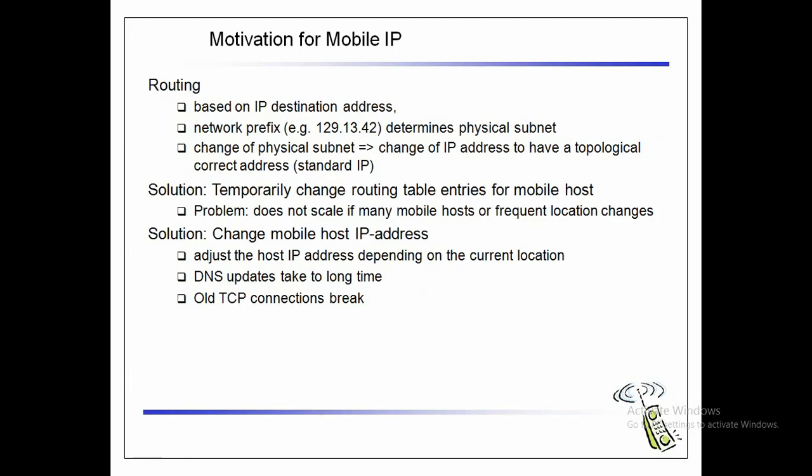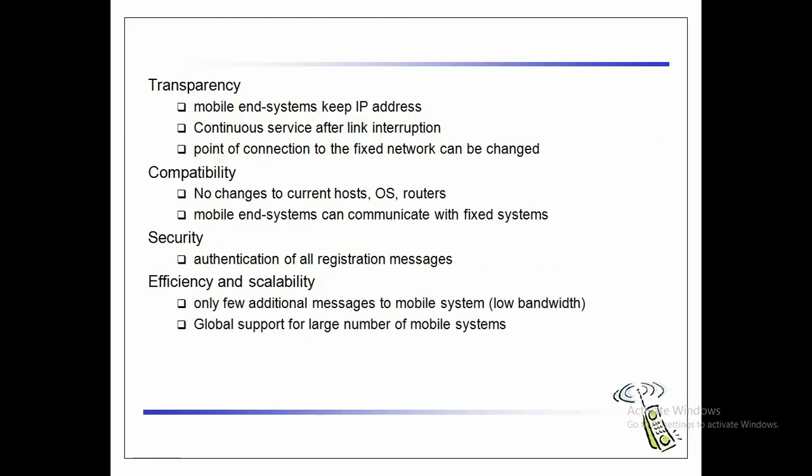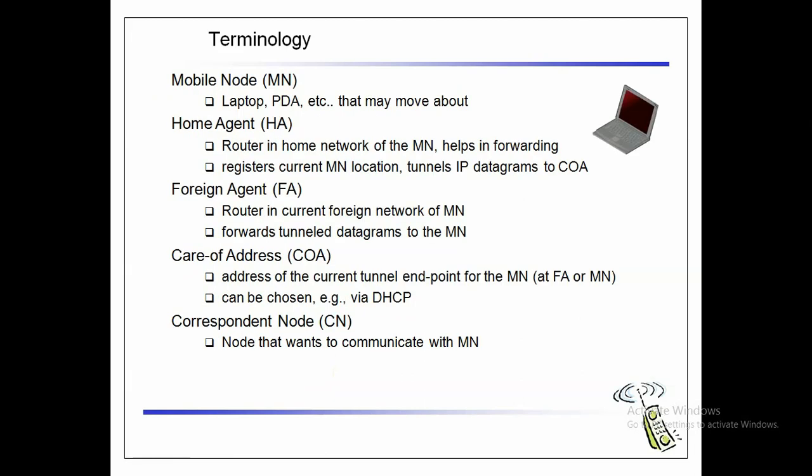Today we saw the basic theoretical part related to network protocol and mobile IP, that is routing, the purpose and solutions, and the requirements: transparency, compatibility, security, efficiency and scalability, and how it overcomes them, and what the necessity and requirements are. We also saw the terminology in detail: the mobile node, home agent, foreign agent, care of addresses, and correspondent node.